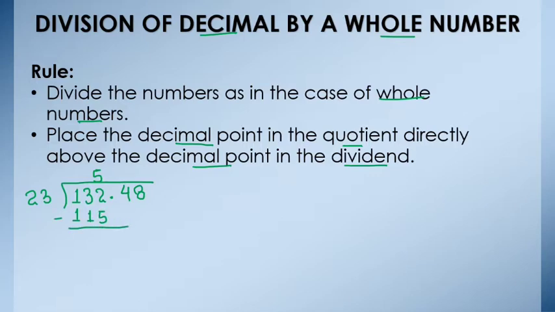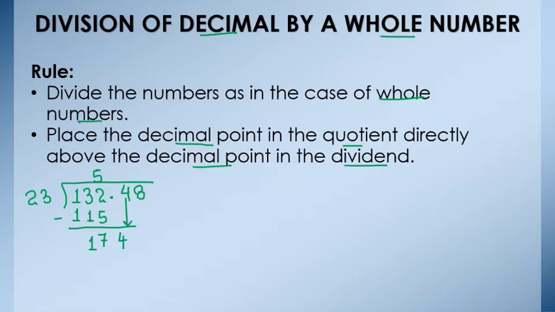Subtract them, you will get 7, 1. Now this decimal is coming in between. We have to copy the next digit, that is 4. But decimal is there. So firstly we will put decimal just above the decimal point. This decimal point. Now bring down 4.